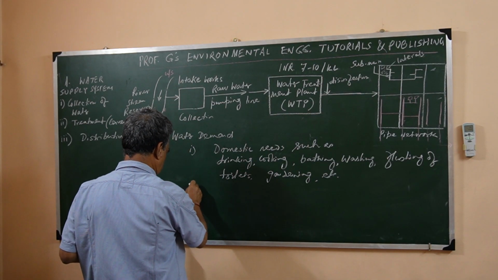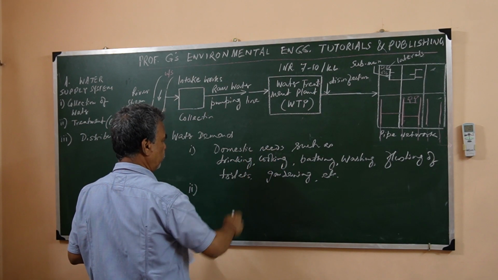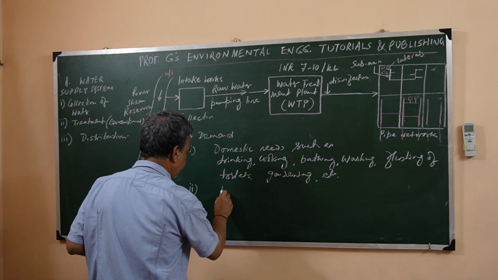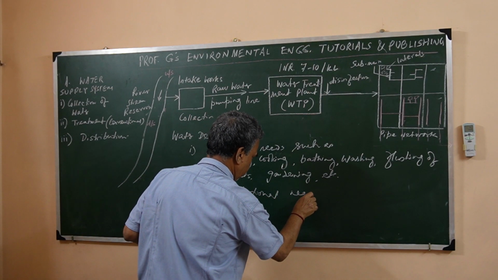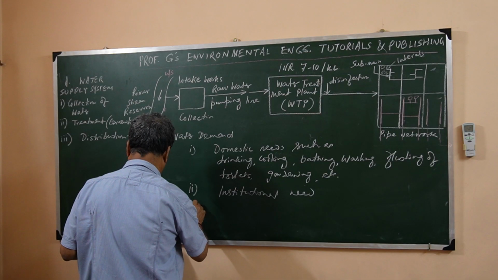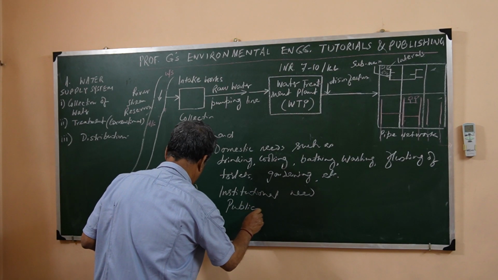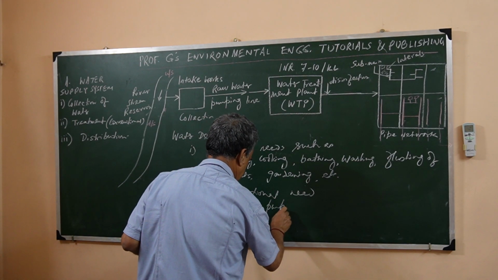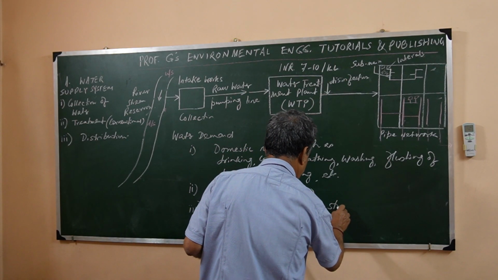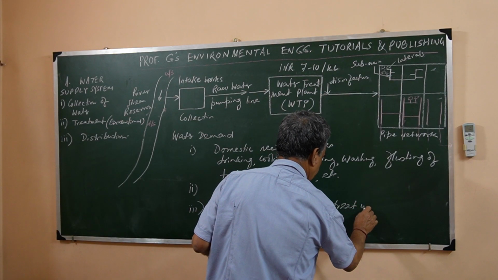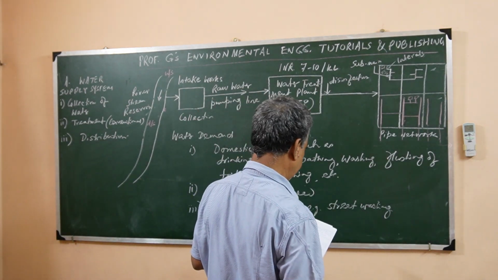While this is the domestic need, the second one is the institutional need. The third one is public purposes, such as street washing in case of an urban area, urban center also.